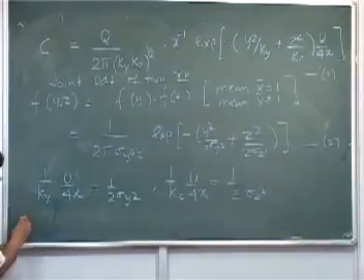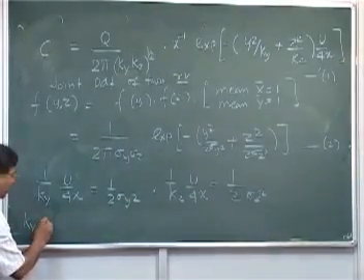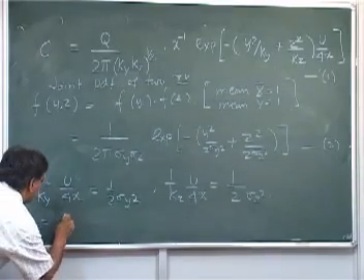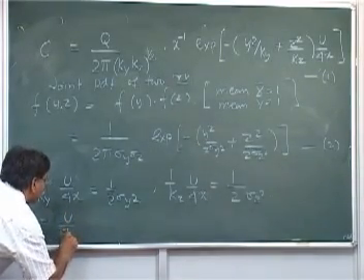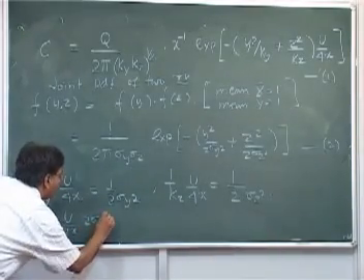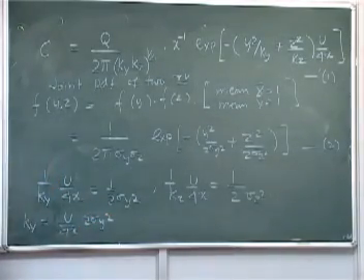So this ky will be equal to u upon 4x sigma y square.